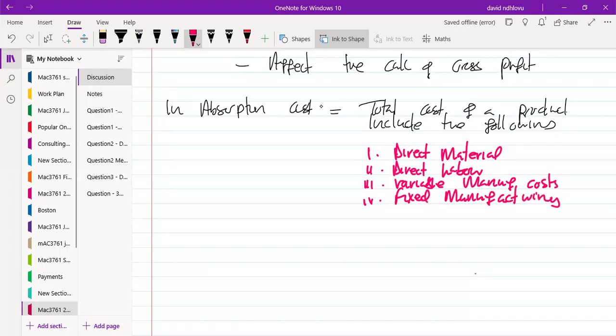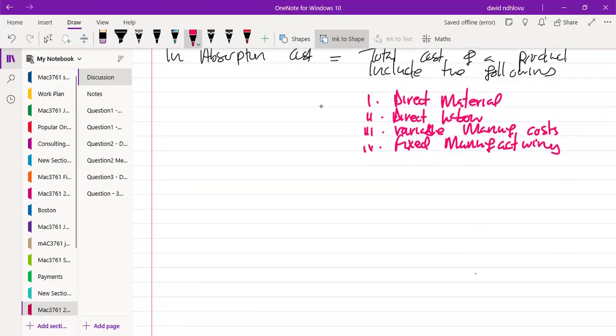So whenever we determine the cost of a product, we have to include all these. Whenever we calculate cost of sales, we have to include all of these because they are manufacturing cost according to the absorption costing method.